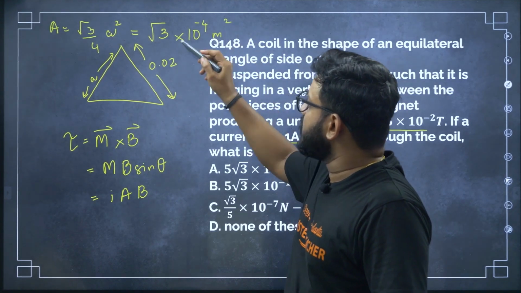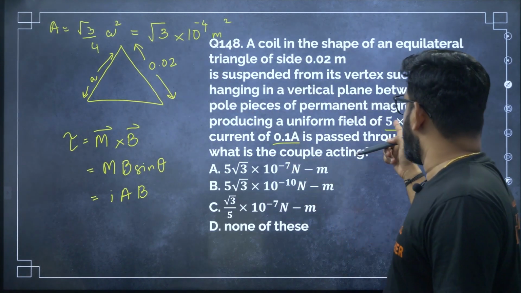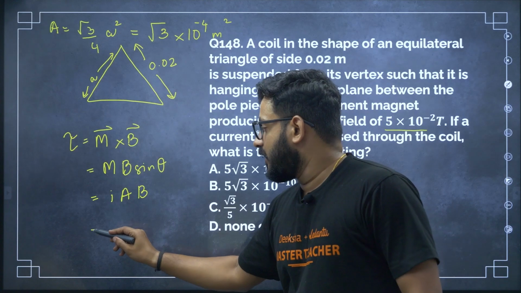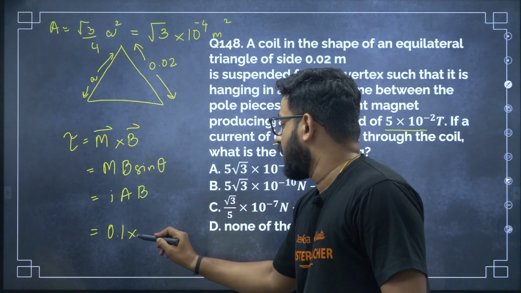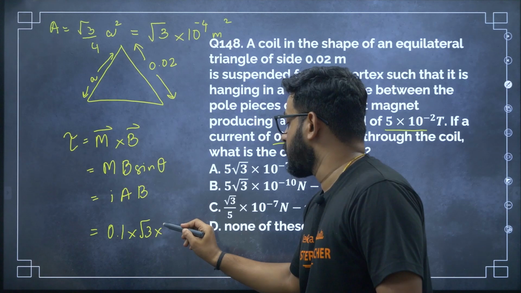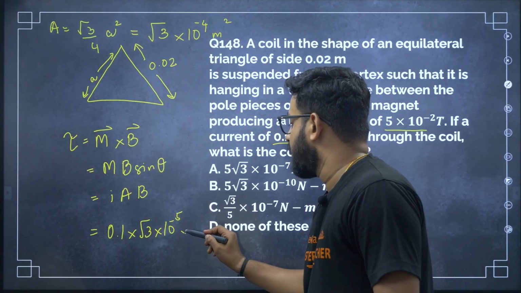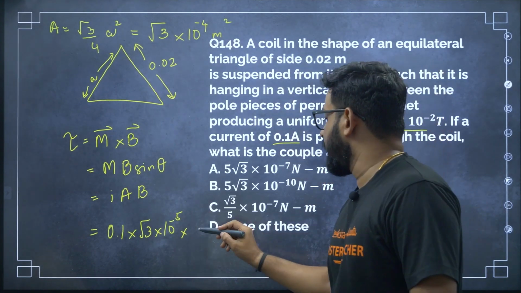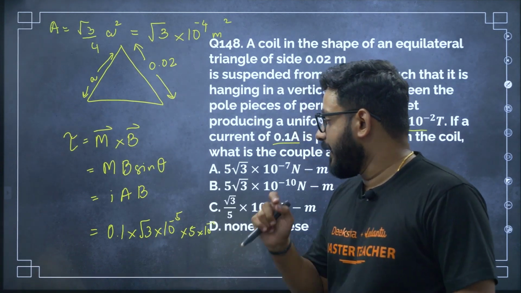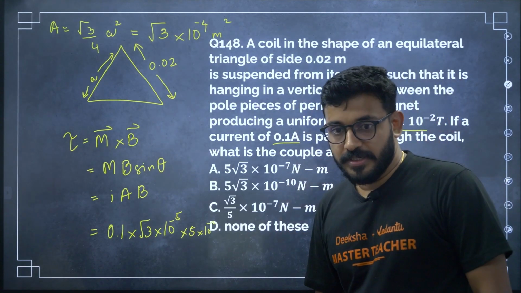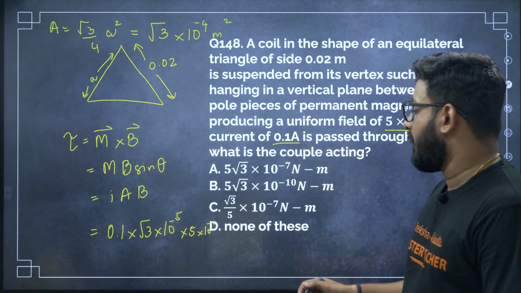So area is this much, current is given, magnetic field is given. I urge you to substitute everything. Current is 0.1 into root 3 into 10 to the power minus 4 into magnetic field, which is 5 into 10 to the power minus 2. So ultimately you will get the answer as option A, that is 5 root 3 into 10 to the power minus 7.